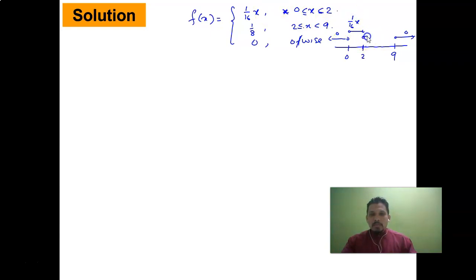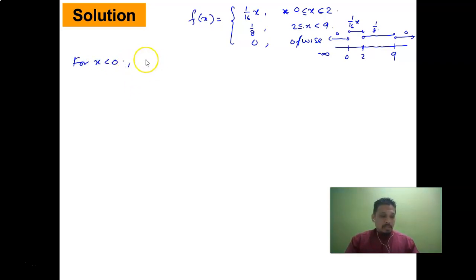And the second domain here is between 2 and 9, the function is 1 over 8. Now the question wants us to obtain the cumulative distribution function of f(x). So we take the first here, from negative infinity until 0, for x less than 0.